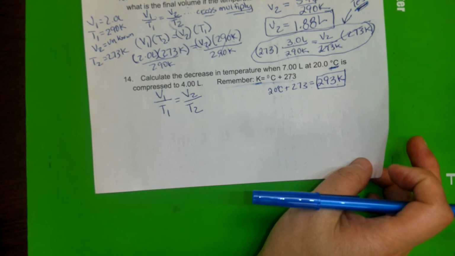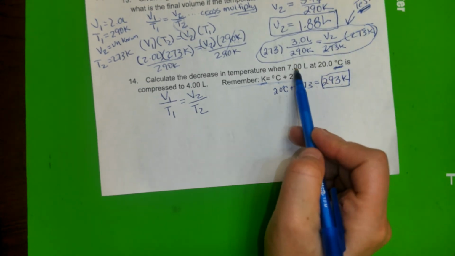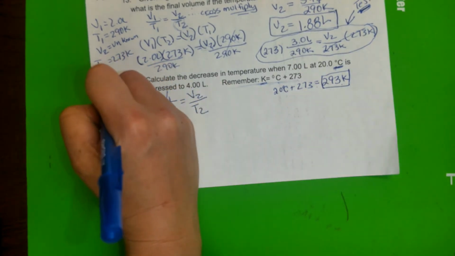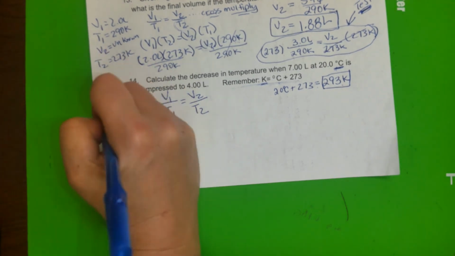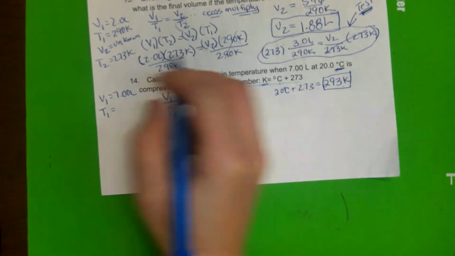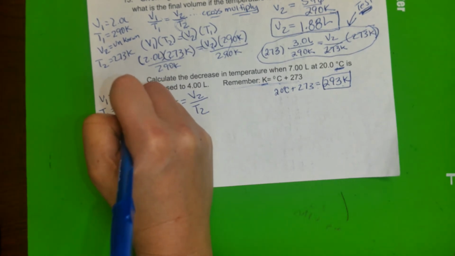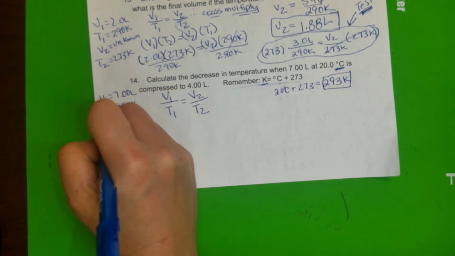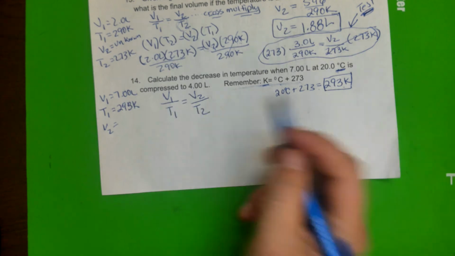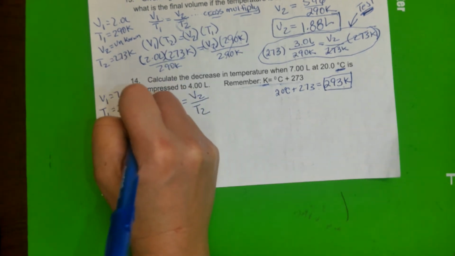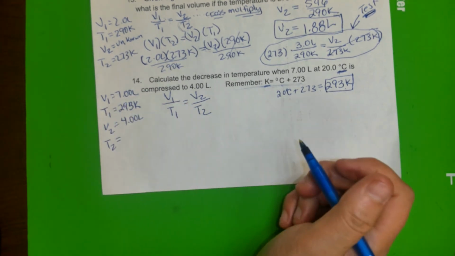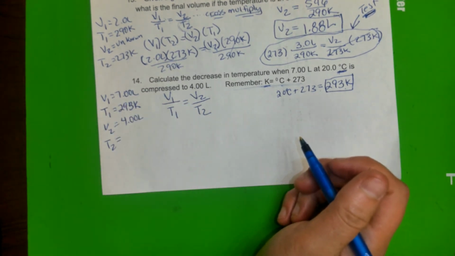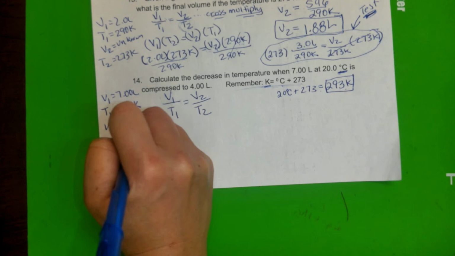So the initial volume V1 equals 7.00 liters. Your temperature 1 is 293 Kelvin. My second volume is 4.00 liters, and my second temperature is my unknown.